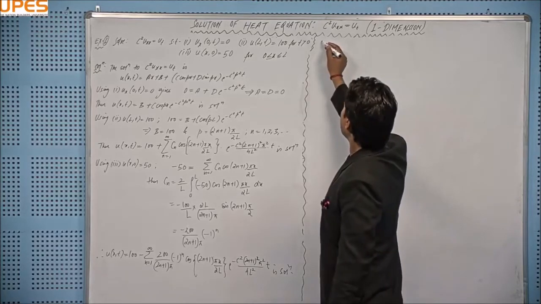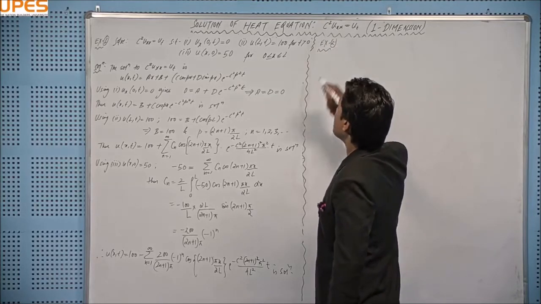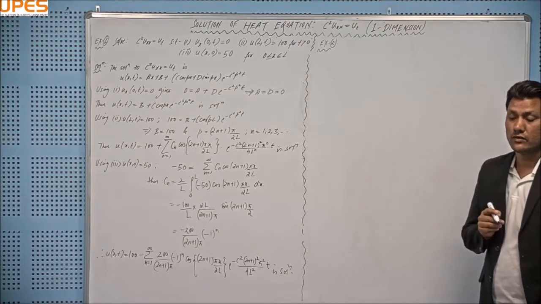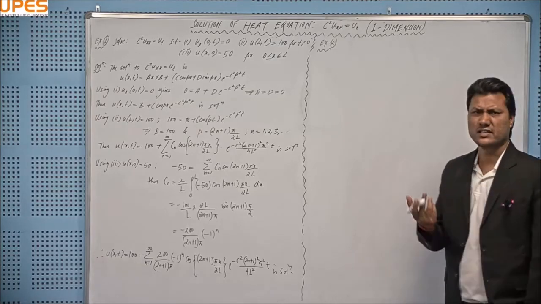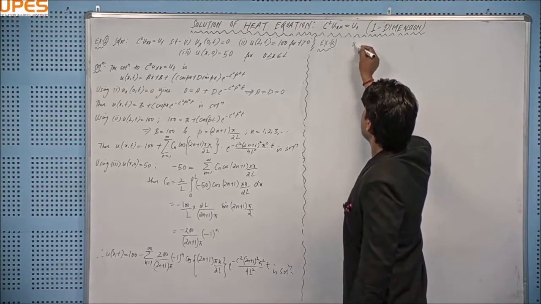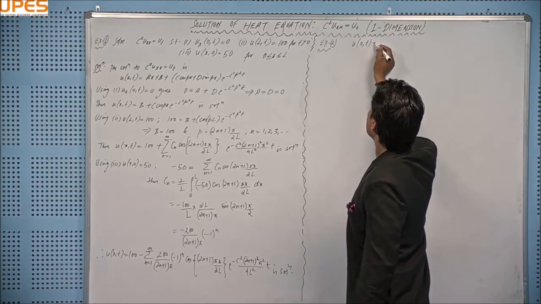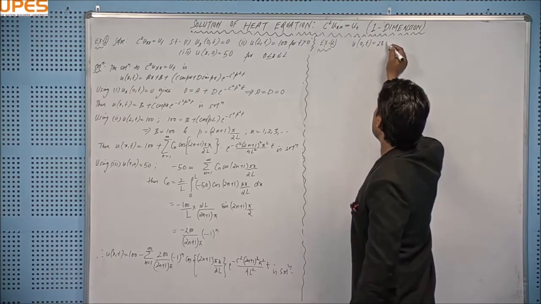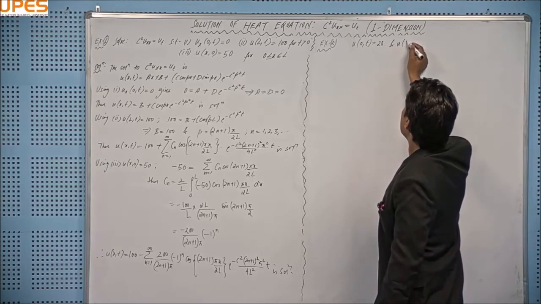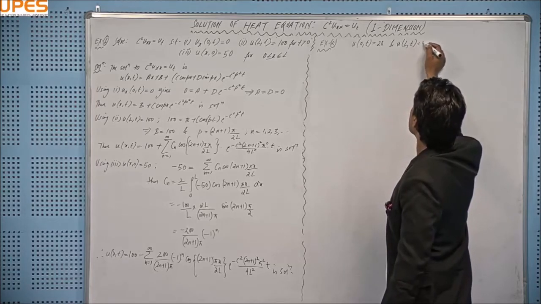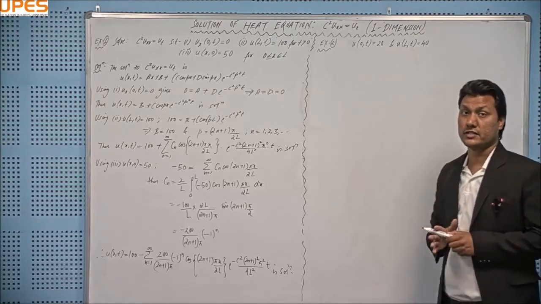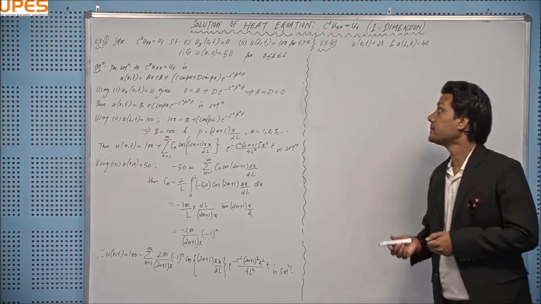Example number 2: consider a rod of length capital L, where the left end is at 20 degrees Celsius and the right end, at L comma t, is at 40 degrees Celsius.